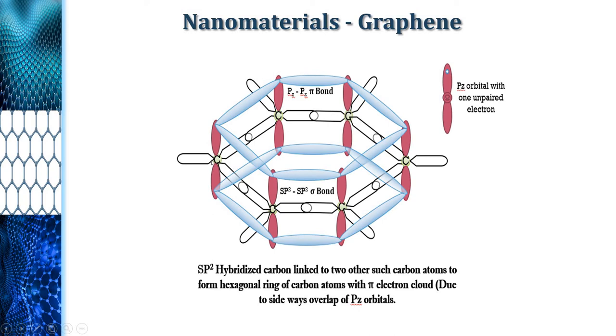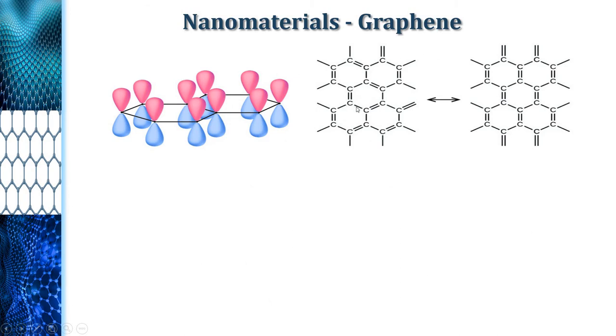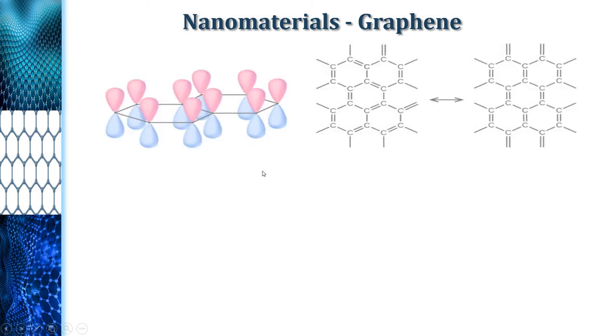So each carbon atom can bind with 3 other carbon atoms. This carbon is bonded to another carbon in this direction, a second carbon in this direction, and the third carbon will be in this direction. This results in the formation of this kind of hexagonally arranged sheet of carbon atoms, which is one atom thick.